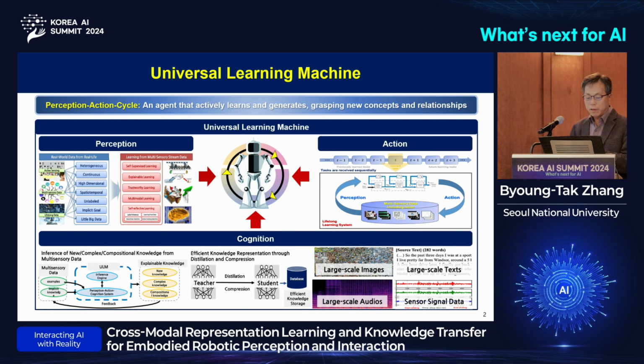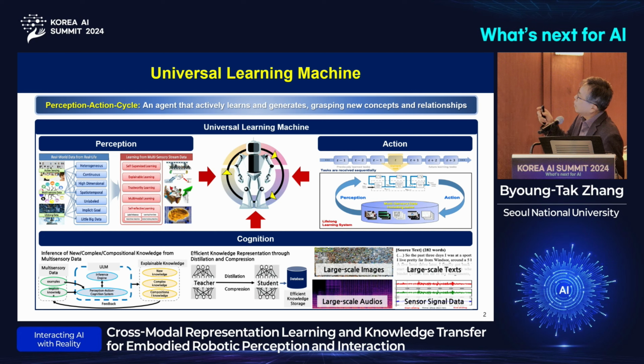Three important components: perception, action, and cognition. I have to emphasize again, it's not just important that we have each component, but it's in a cycle: perception, action, cognition. The cycle is important. So they should be combined with each other. So to predict the action, you need the perception and cognition as well.